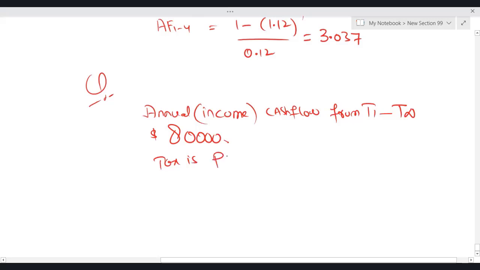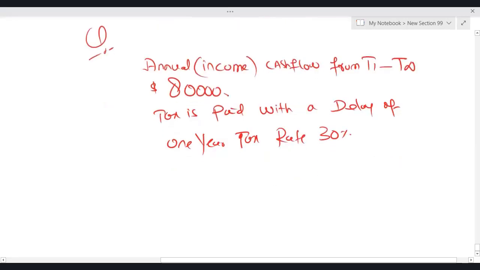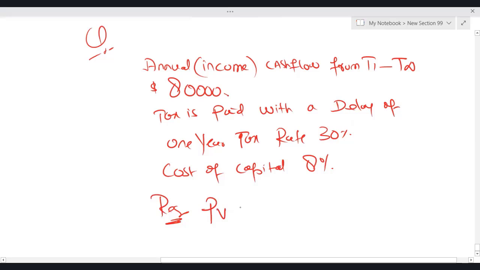Tax is paid with a delay of 1 year. Tax rate is 30%. Cost of capital is 8%. Required: present value of post-tax cash flows.